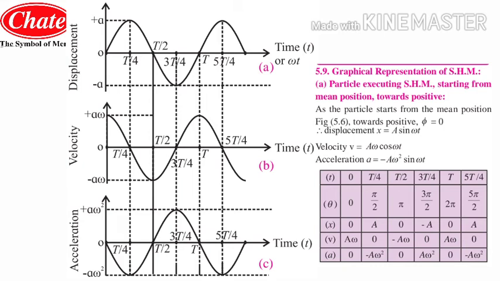In case of displacement it was only a, but in the equation of the velocity you get a omega, as you differentiate sin omega t, so we have got the a omega extra. So we will write plus a omega on the y-axis for the extreme positive position, and minus a omega for the negative extreme position.